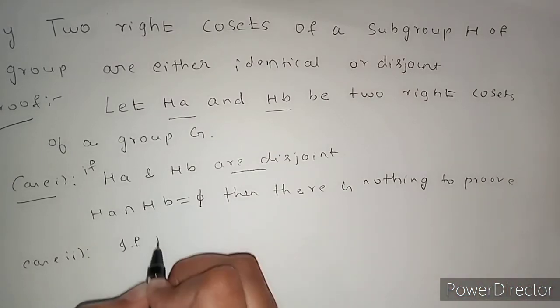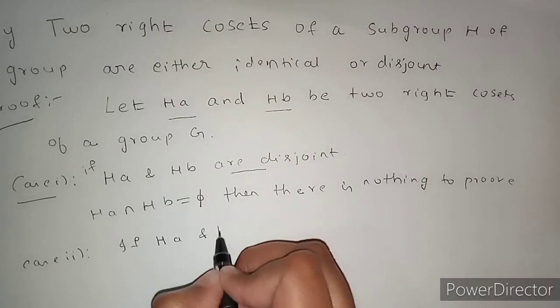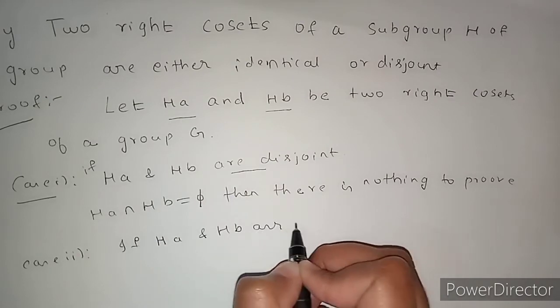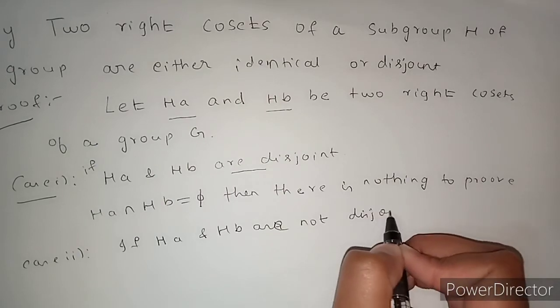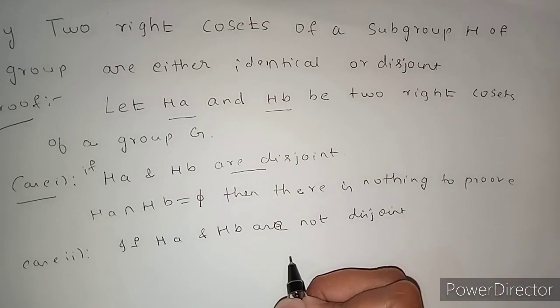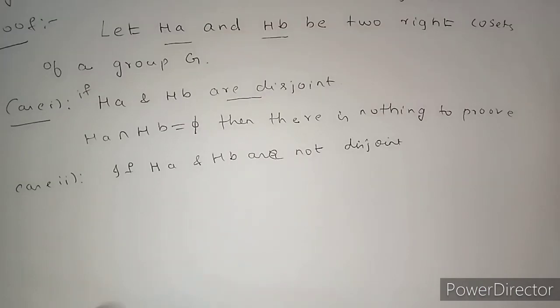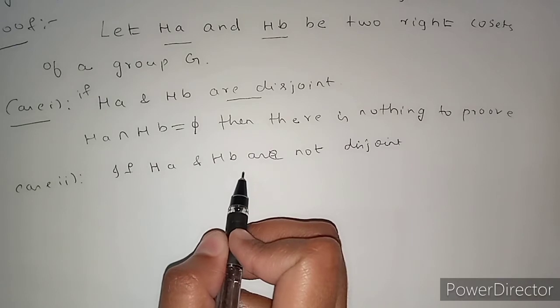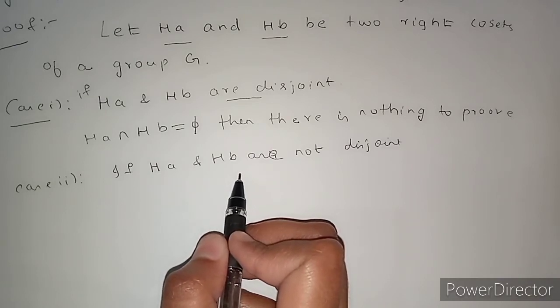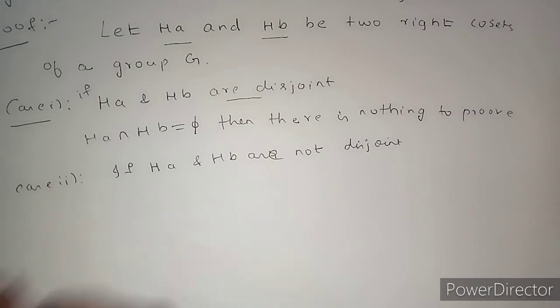If Ha and Hb are not disjoint. I have told you some information about right cosets earlier. So this is the proof of that information. If Ha and Hb are not disjoint, then they contain at least one element in common, right?